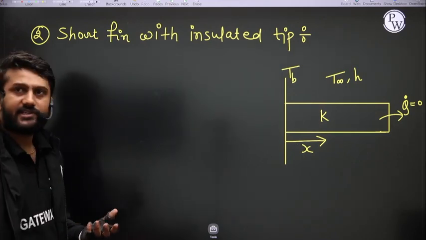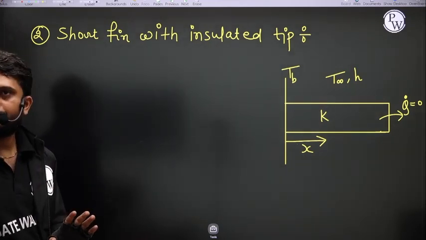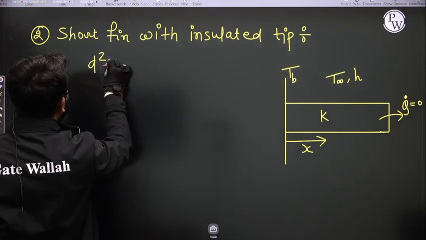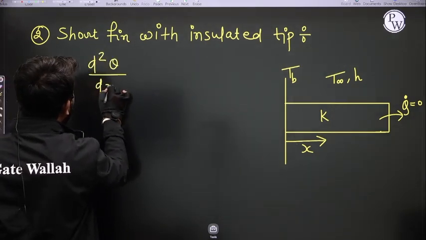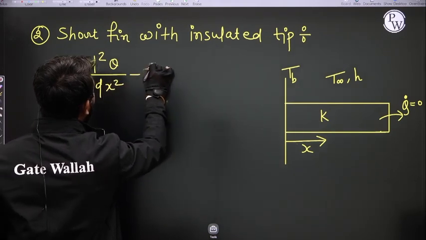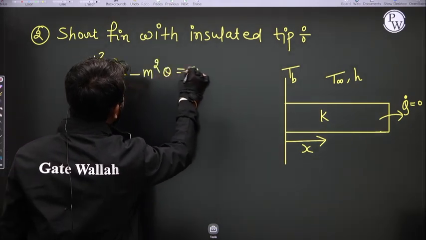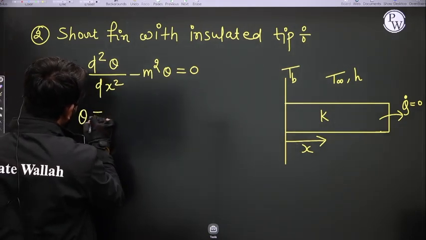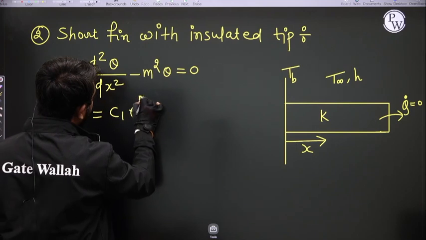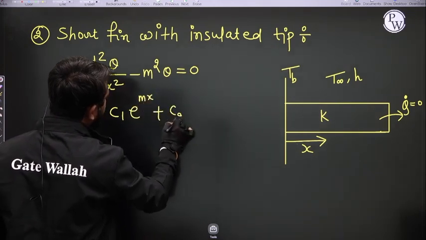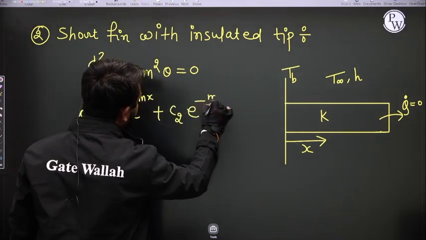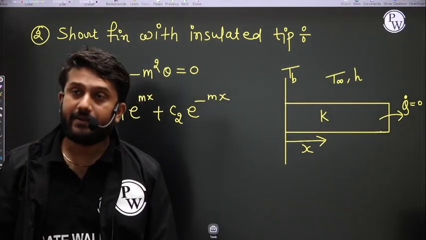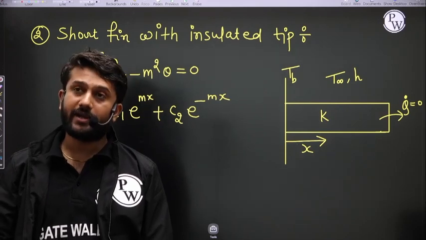So the governing equation is the same for this fin: d square theta by dx square minus m square theta is equal to 0. And the solution of the governing equation is theta equal to c1 e to the power mx plus c2 e to the power minus mx. c1 and c2 are constants which are obtained by the boundary conditions.